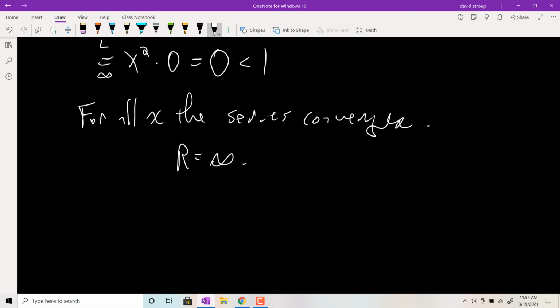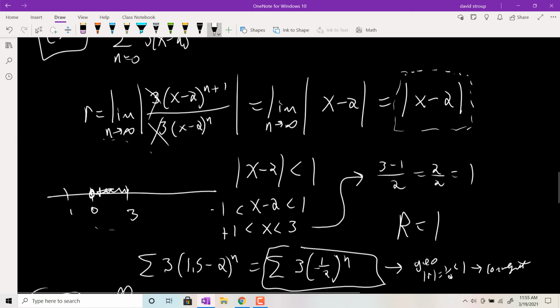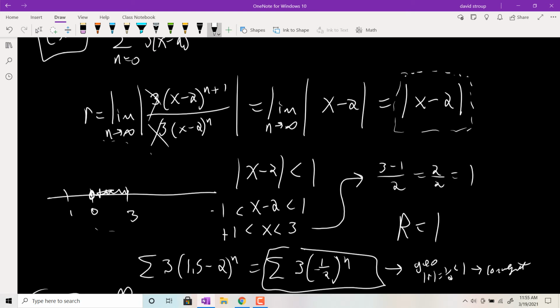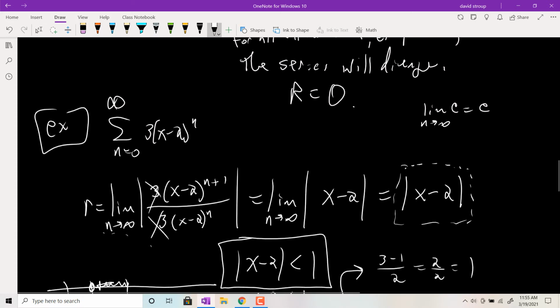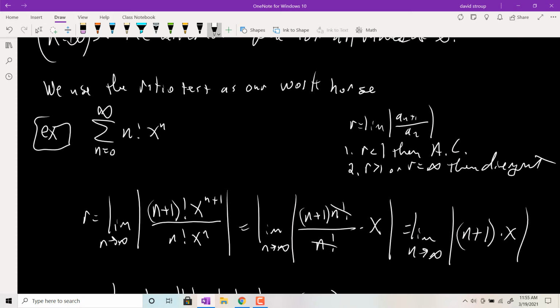Okay. Going back to the second example, we have an interval, and we kind of said r less than 1. So what about when r is equal to 1? What happened in the ratio test in those cases, right? When r is equal to 1, the test is inconclusive.